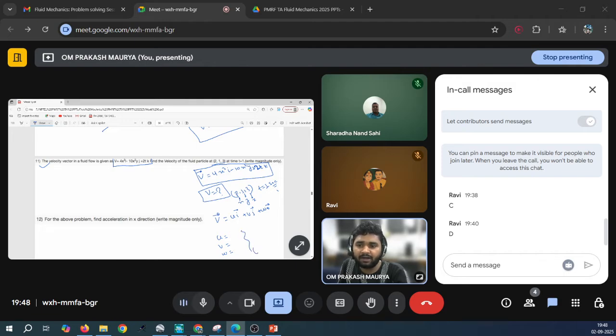Calculate U, V, W at your 2, 1, 3 and t equal to 1. This is x, y, z, t. And finally, after that, you will calculate the magnitude. For magnitude, you will go U squared, V squared, W squared. Finally, you will get your answer.